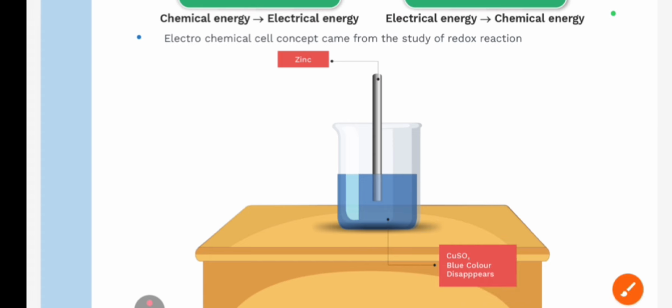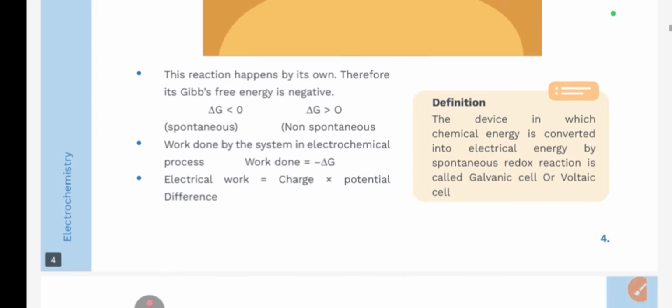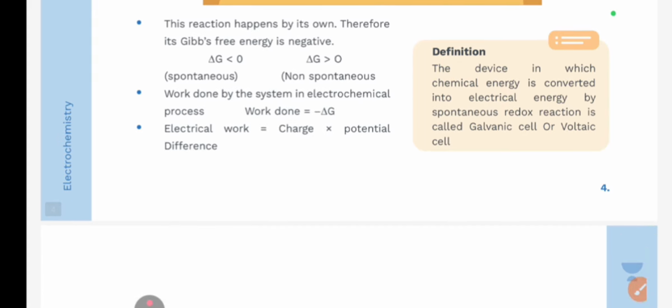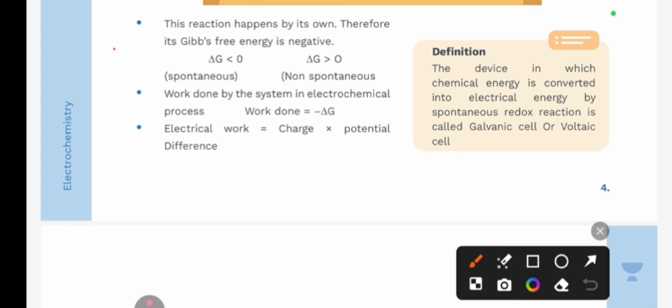It means whenever you keep any rod in a solution, it undergoes a redox reaction, in which oxidation and reduction take place simultaneously. On the basis of that they made the cell. You can see this reaction happens by its own, therefore delta G is negative.